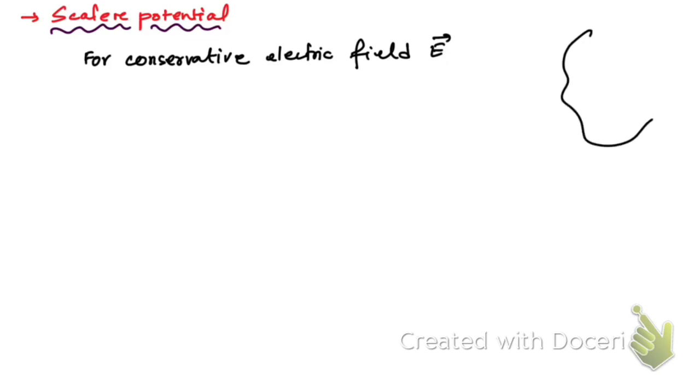That means suppose we have an electric field here, and the work done to move a charge along a closed path is zero. If the work done along a closed path is zero, then this electric field is said to be conservative. I hope you know these things.